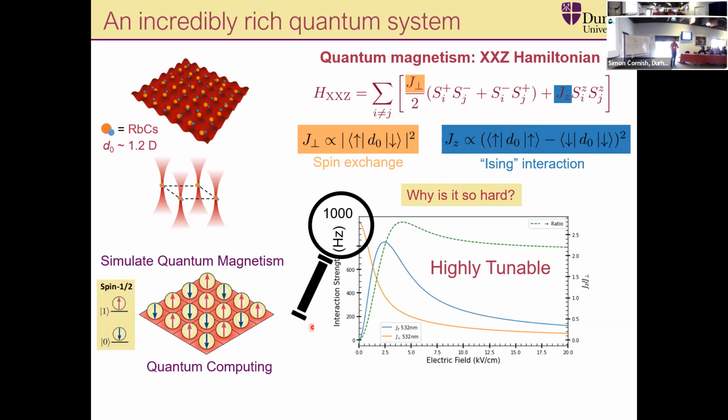Yeah, so this is the J curve. That actually shrinks a little bit. And the blue one is the Ising term as you turn up the electric dipole. In this case, it's the difference between the spin up and the spin down interaction.